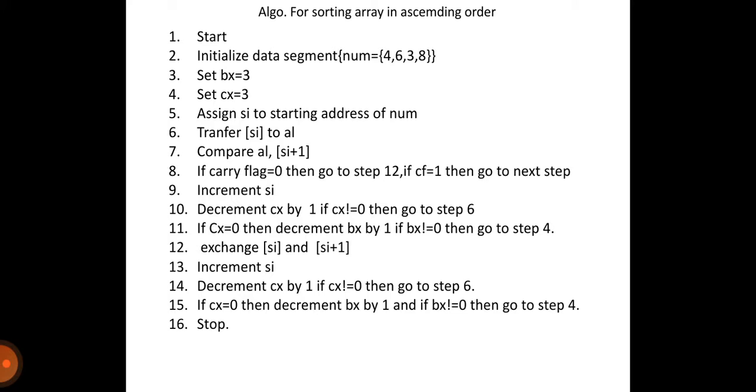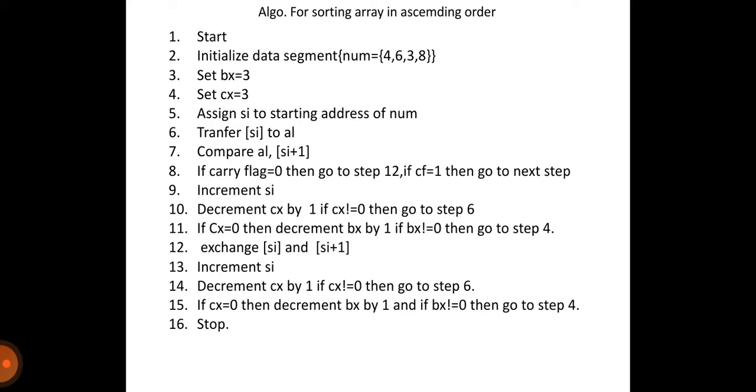Now the next step is very very important: comparison. After comparison, there are three statuses of the result of the cmp instruction. What are they? If both operands are equal, then the zero flag will be set. If destination is greater than source, then no flag will get affected.